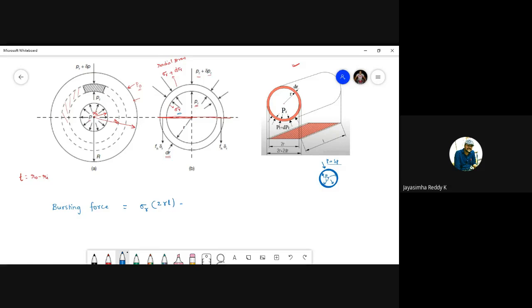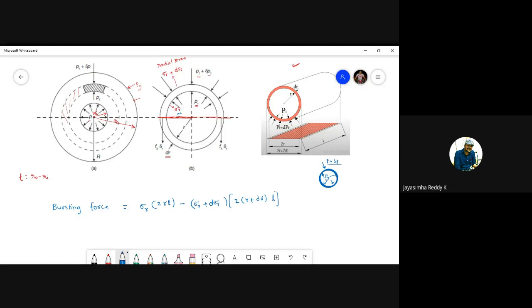Now minus the resisting one, which is sigma r plus d sigma r into the area, which is 2 into r plus dr into L. I hope you got this, students. Did you get this, students?